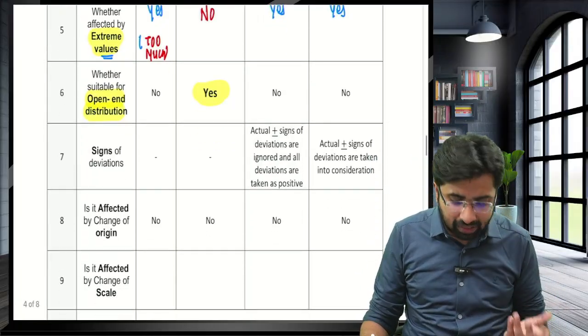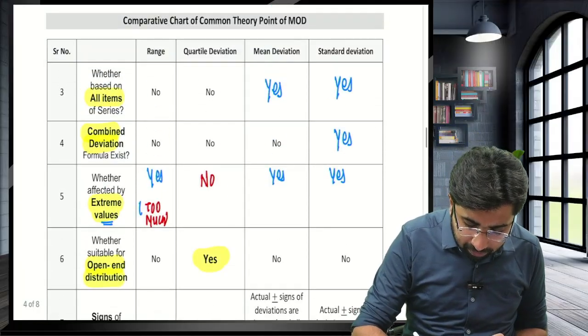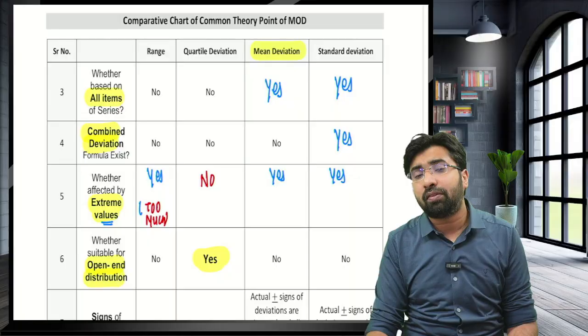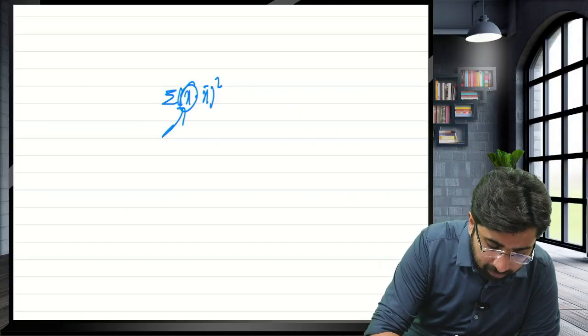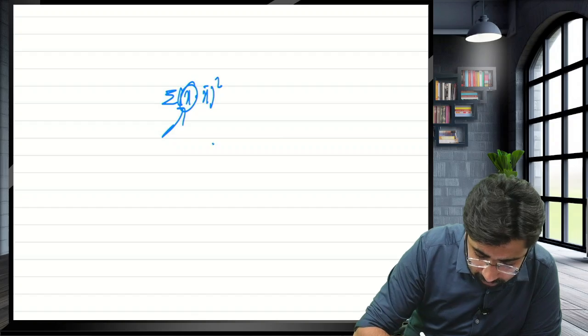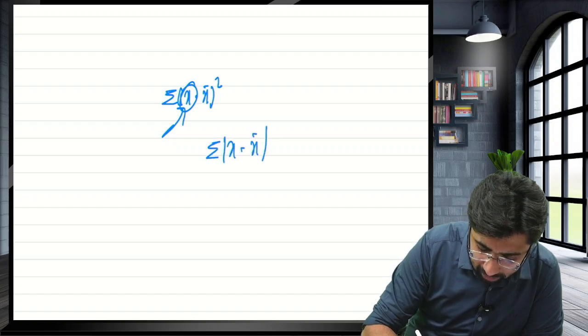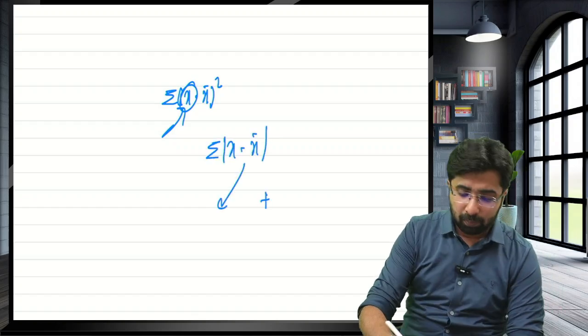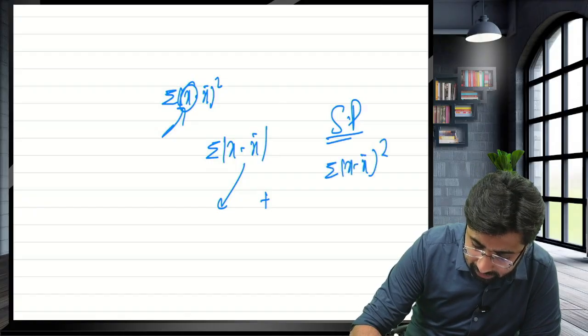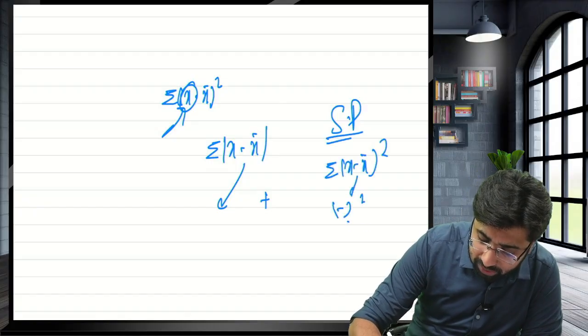Guys, now the sign of deviation. I'll say mean deviation ignores the positive and negative sign. What is the formula of the mean deviation? We take the modulus of the sum. Even if the outcome is negative, we make it positive. But in standard deviation, we take the sign; if it is negative it stays negative, and by squaring it becomes positive.